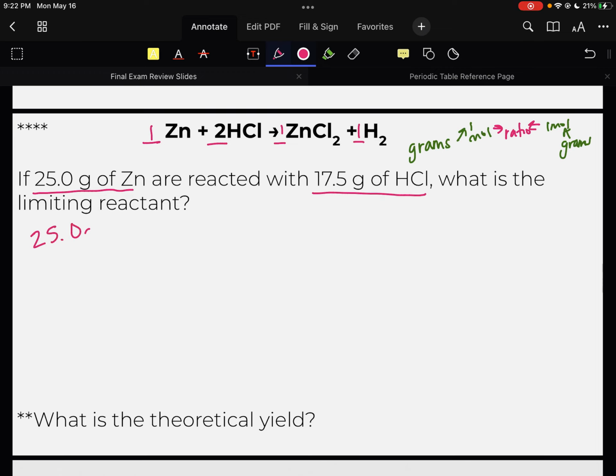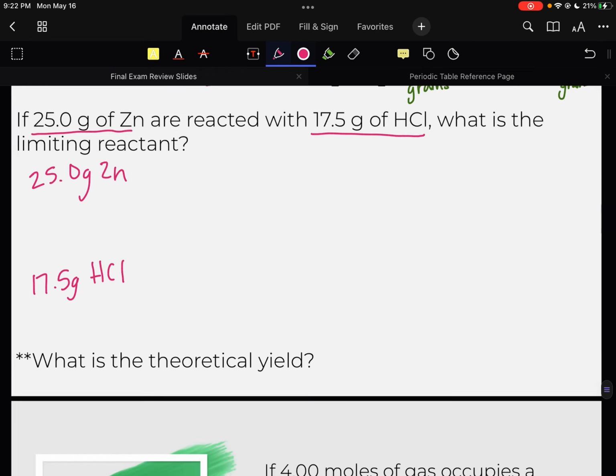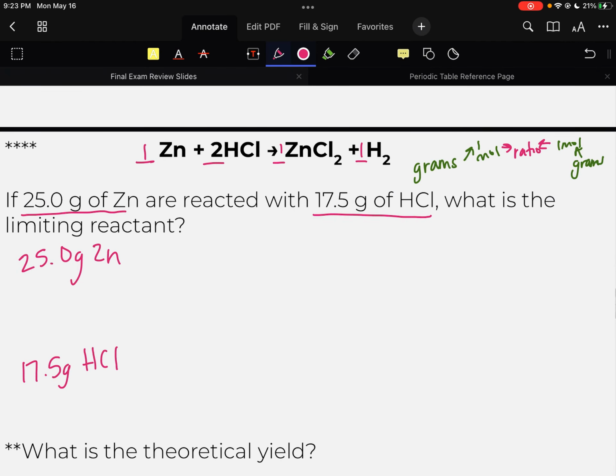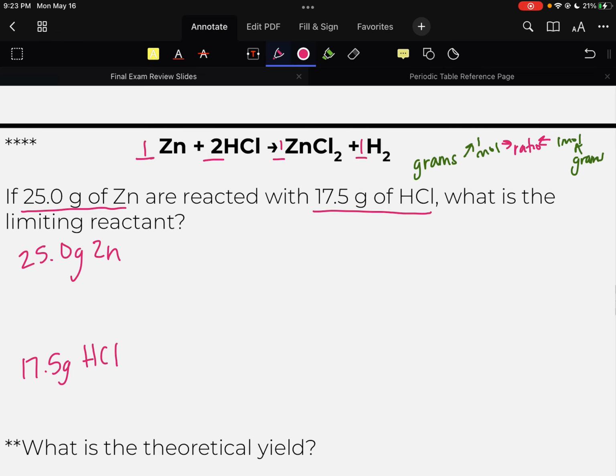So what do we always do with our givens? We just write them down. So I'm just going to write down my 2 givens. Okay, and then I think in the homework problem, it is asking for hydrogen, so we'll solve for hydrogen.